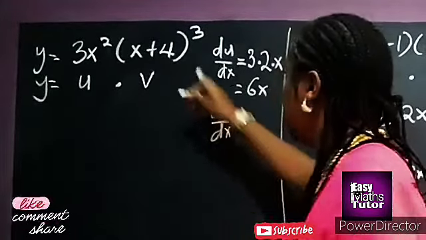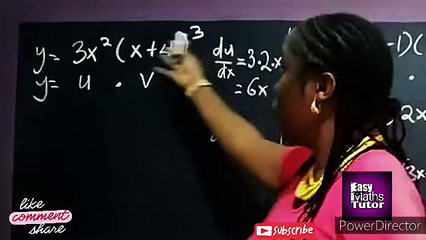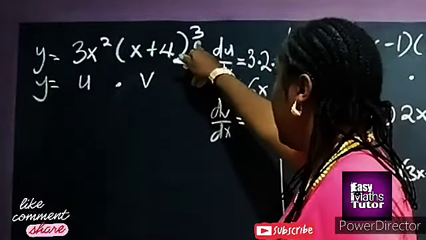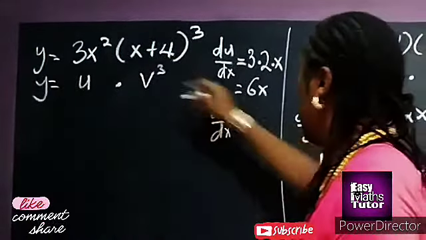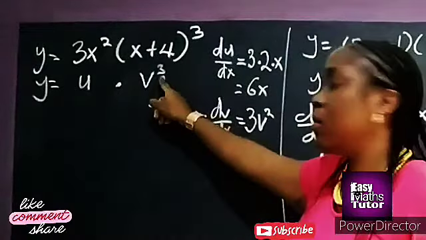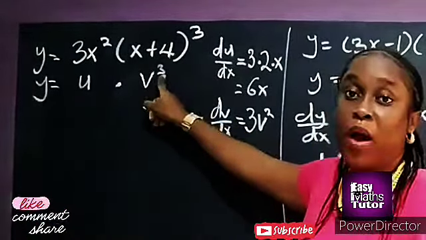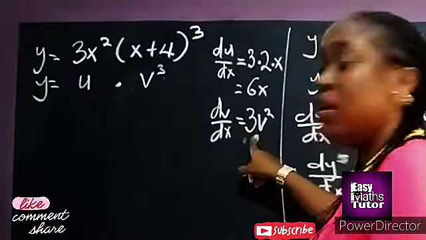The dv/dx is what? It's a chain rule. So we'll take it as a whole function. So we'll say, let's assume this is v cubed, right? So we'll say 3 what? v squared. Remember, the power comes down and becomes a coefficient, which is 3v.